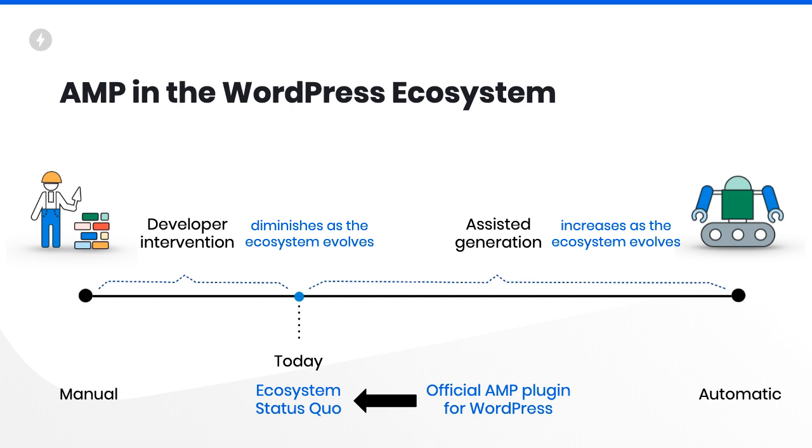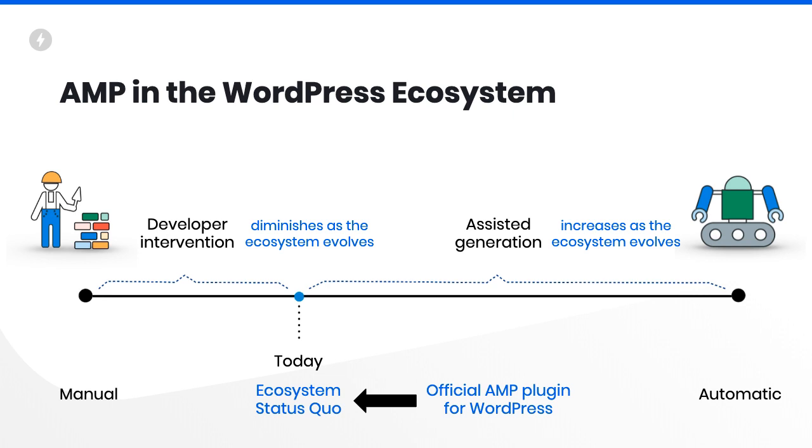In order to understand its purpose, we need to look at the WordPress ecosystem as a whole. What the plugin does is take care of the majority of pieces that you need to take care of when you want to make your website AMP compatible. However, depending on the plugins and themes that you're using, some developer intervention may be required. While the WordPress ecosystem has already come a long way with AMP compatible plugins and themes, it's still just starting to take off.